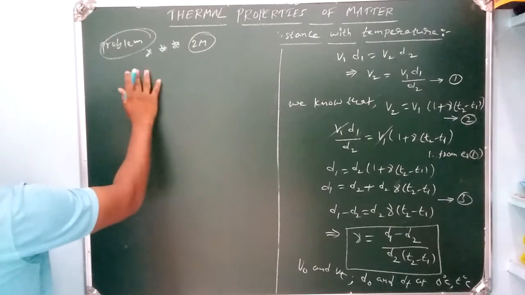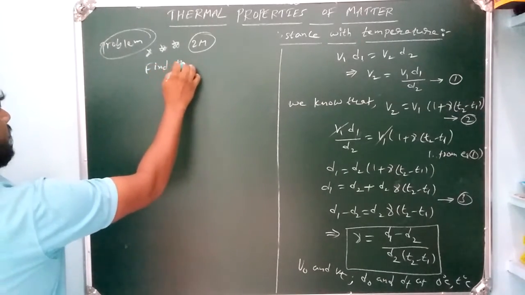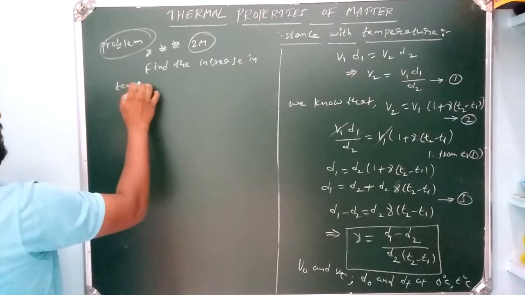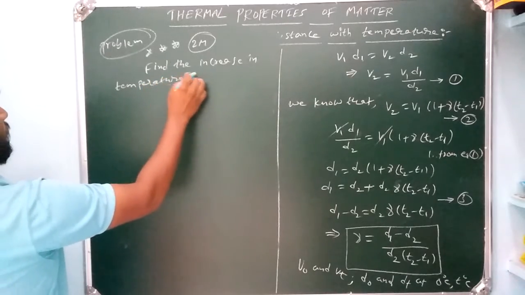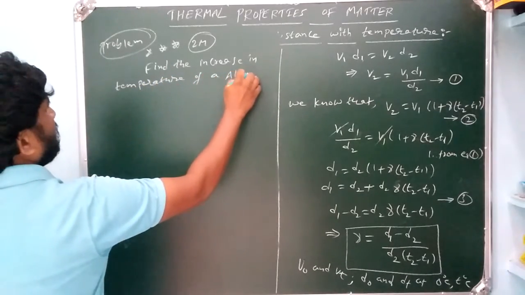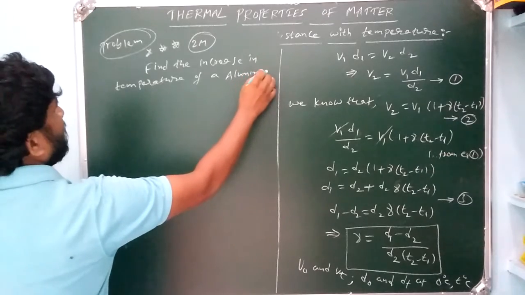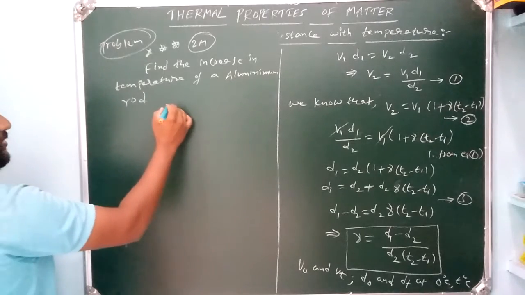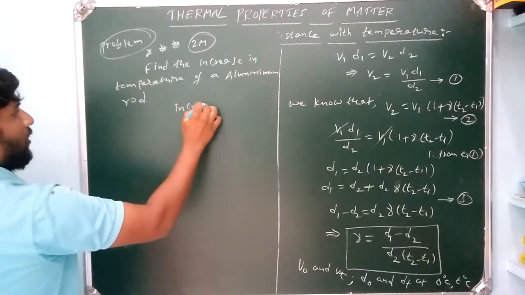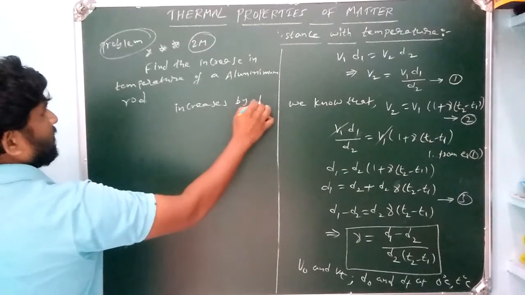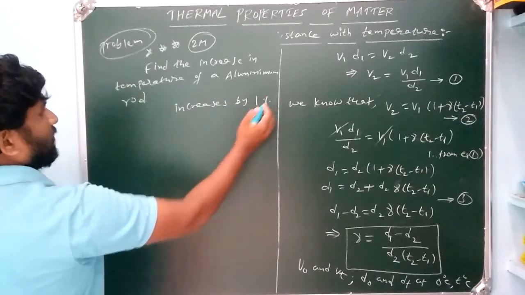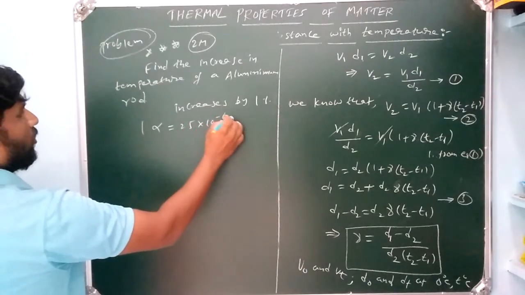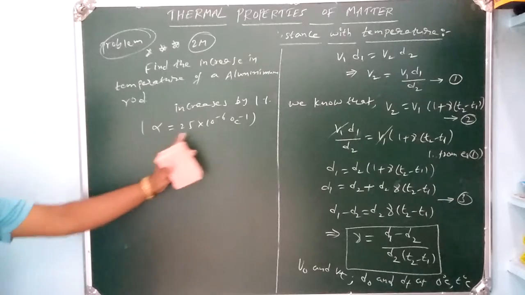Find the increase in temperature of an aluminium rod if the length increases by 1%, and given alpha for aluminium is equal to 25 into 10 power minus 6 per degree centigrade. It is given in the question.